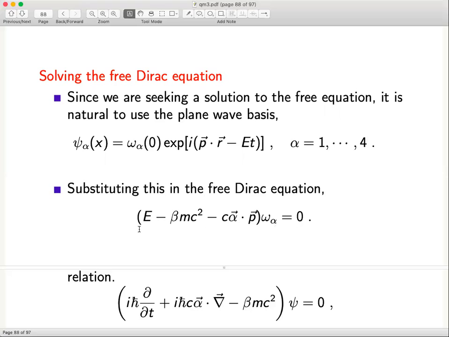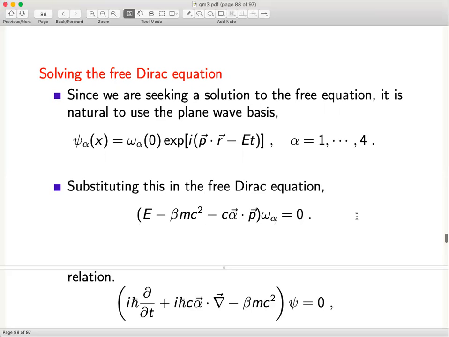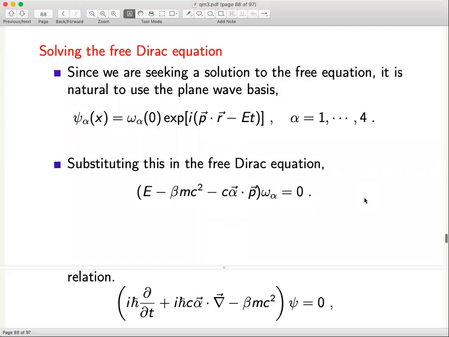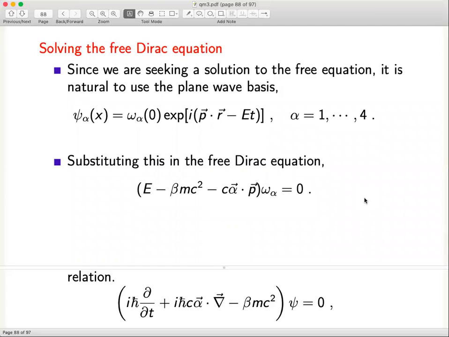Now this is of course the beginning of the Dirac equation, right? You wanted E is equal to C times alpha dot P plus beta MC squared, which is what you have recovered by using the plane wave basis. But now you have recovered that with omega alpha multiplying that to be equal to 0. And we want to get, of course, a non-trivial solution to this equation.